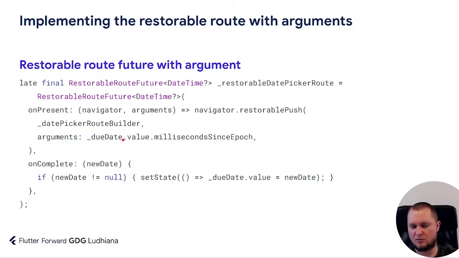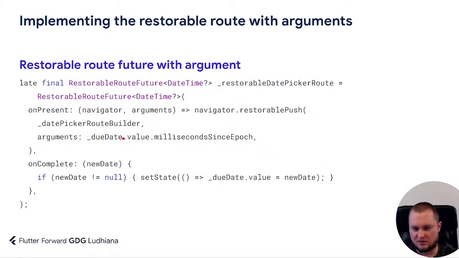And here is an argument. The argument has to be a primitive type. DateTime is not a primitive, so we convert it to the Unix timestamp, the milliseconds since Unix epoch start.